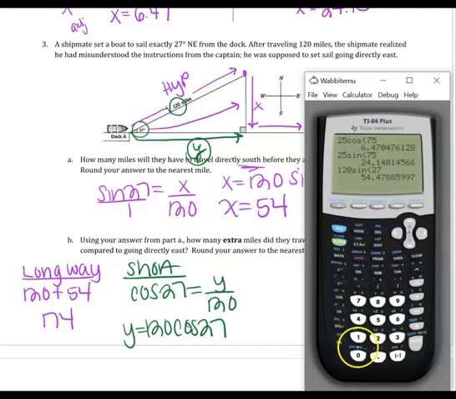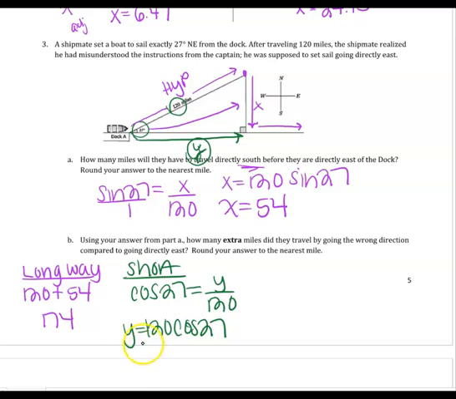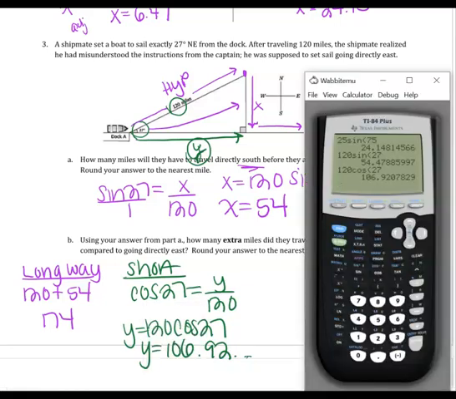All right, so let's find out that distance. If I go to my calculator and type in 120 cosine of 27, it's like 106.92. I think I copied that right. Yep, 106.92. So they're asking how many extra miles did they travel?